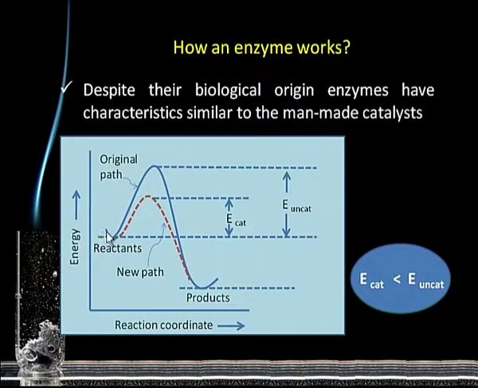The energy profile that you have is this for the uncatalyzed reaction. For the catalyzed reaction, we have the dotted line. The energy of activation for a catalyzed reaction is much smaller than the energy of activation for an uncatalyzed reaction. That exactly applies to even enzyme catalysis. So they are no different from the laboratory made catalysts.